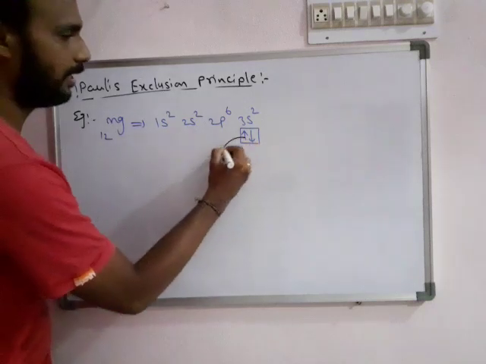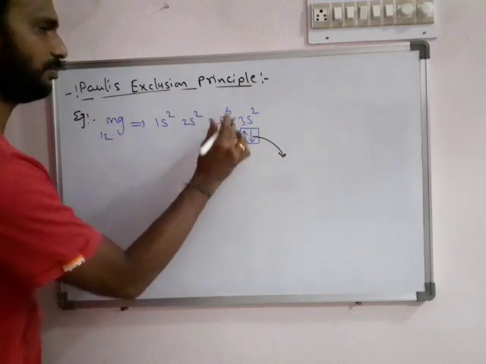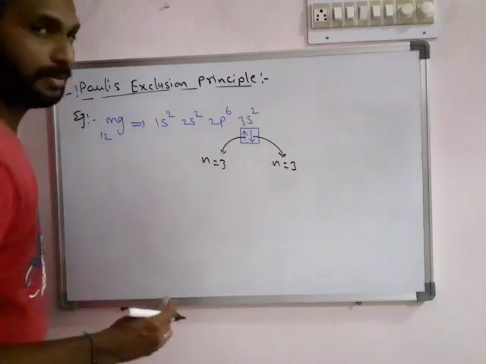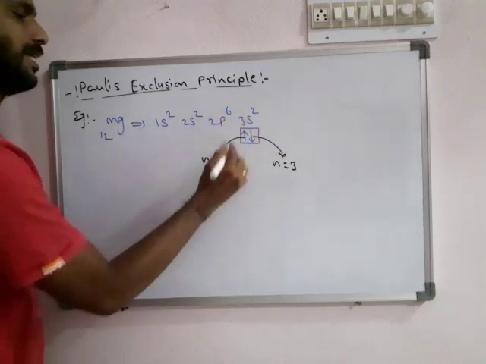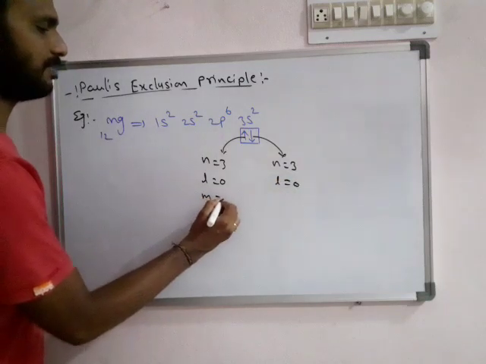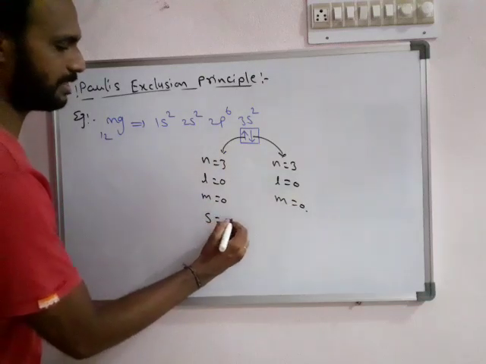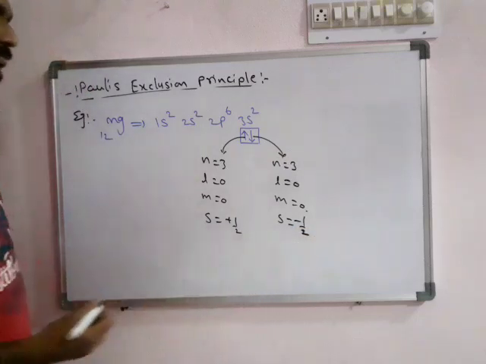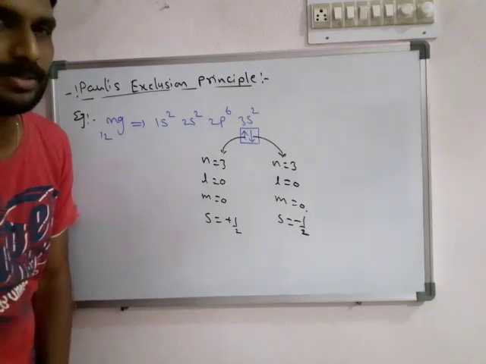Okay. Now write the quantum numbers for this first electron and this second electron. The n value 3. For this also n value 3 because both are present in the third shell. s లో ఉన్నాయి కాబట్టి l equals 0, l equals 0. l equals 0 కాబట్టి m equals 0, m is equal to 0. The first electron if you take plus half, the second electron must take minus half.